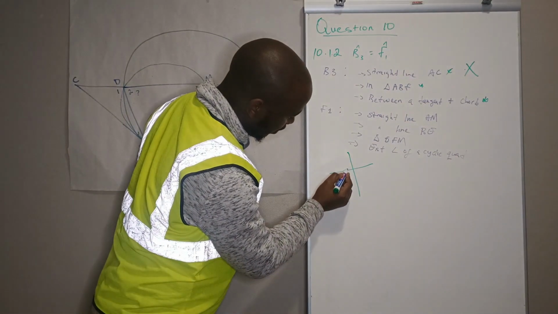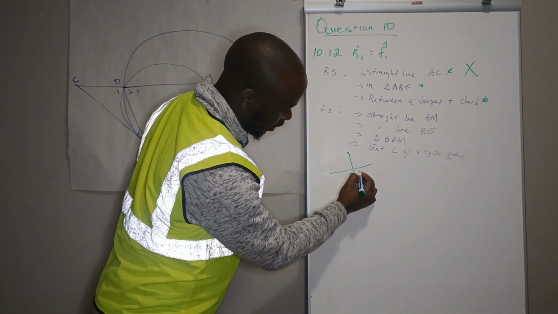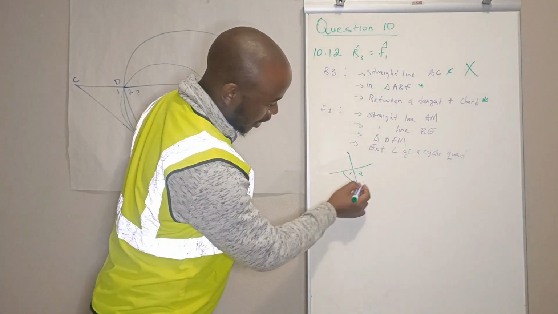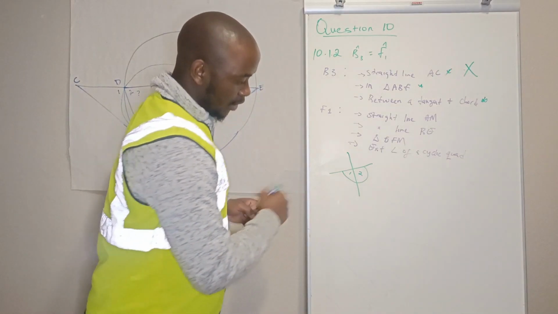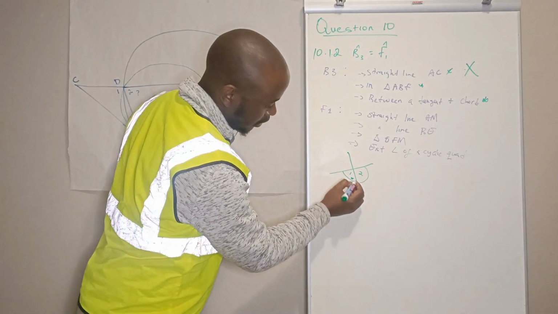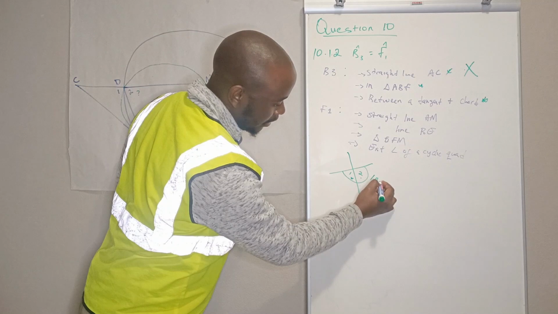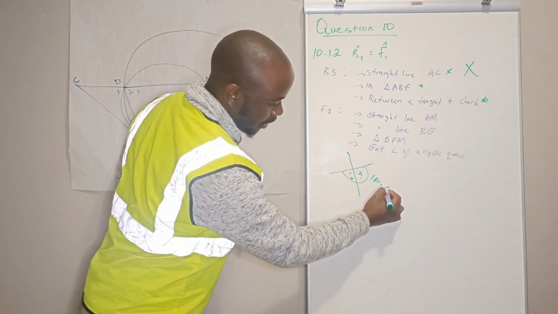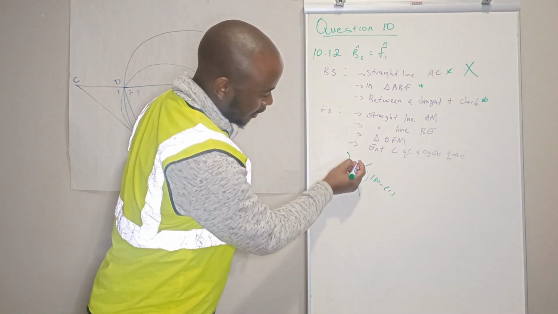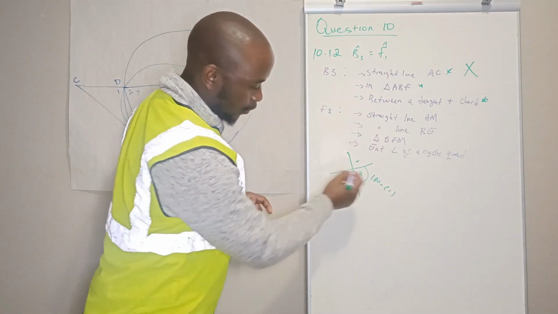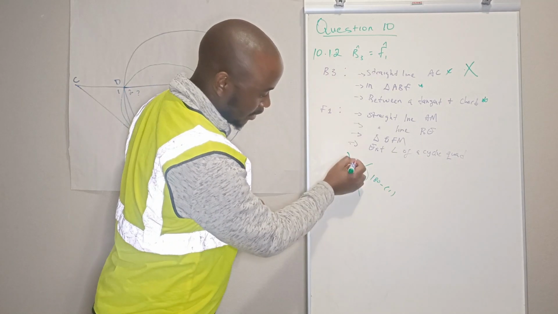because if we have angle 1 and angle 2, these two angles sum up to 180 degrees. So if you have this one, then you can find this one by saying 180 degrees minus this angle in here. The same thing applies to find the other one: we say 180 degrees minus this angle.